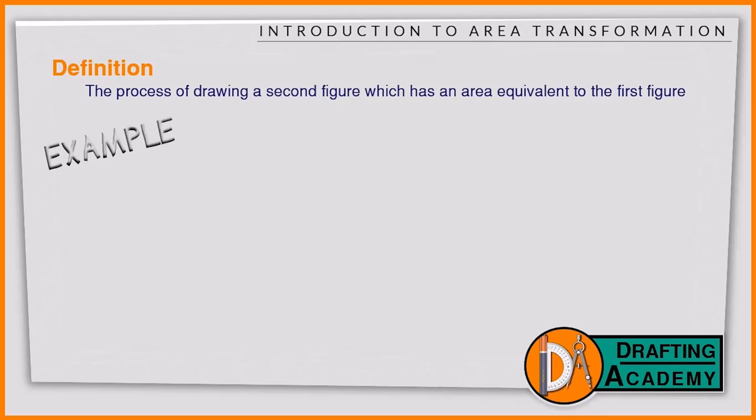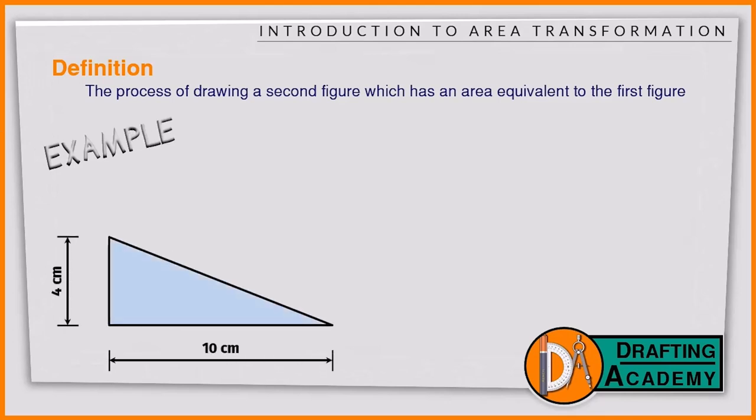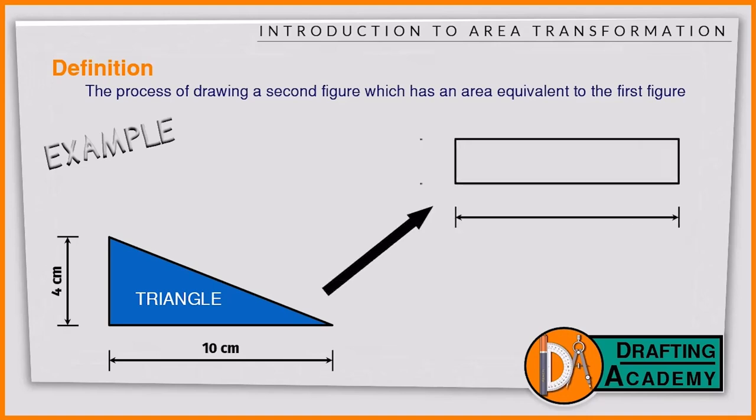For example, we can have a triangle which has got a particular base and height. After you construct this triangle, you might be asked to transform it into a rectangle. Now, when you do an area transformation, one thing you always notice is that the second figure that you will draw will have the equivalent area to the first figure that you drew.